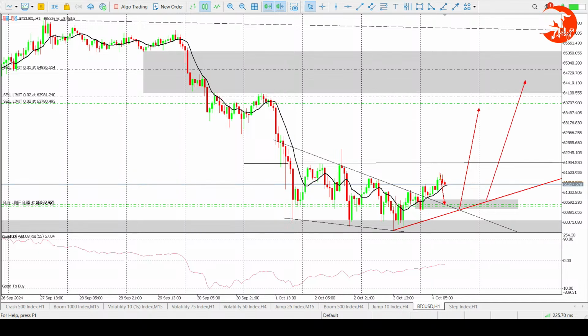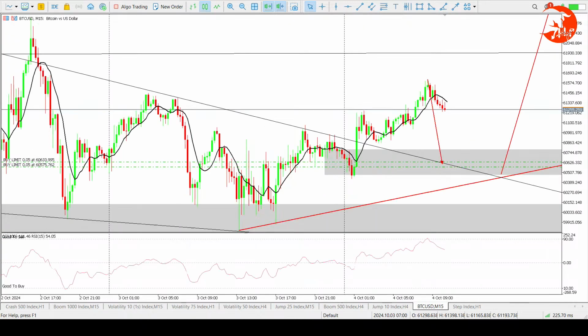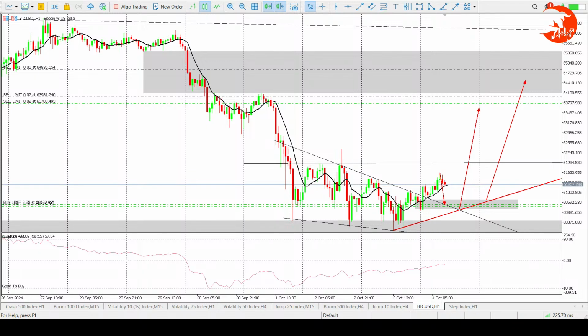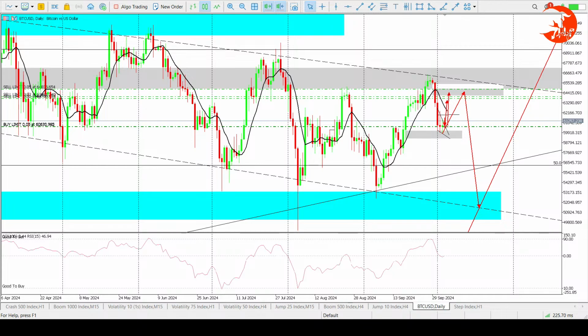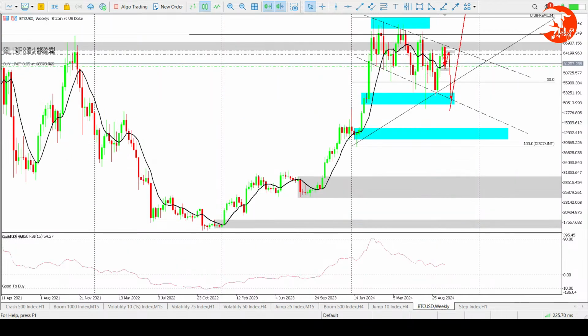So right now sales are on a lower time frame. First delete. What do I need to delete? These are many lines. Delete this fib.